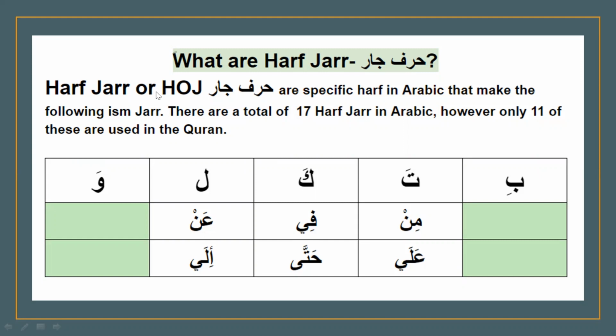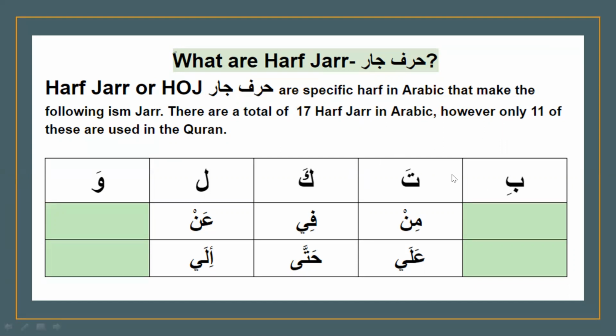Say it with me, harf jar. Harf jar are specific harf in Arabic that make the following ism majroor, and there are a total of 17 harf jar in Arabic, but only 11 are in the Quran.